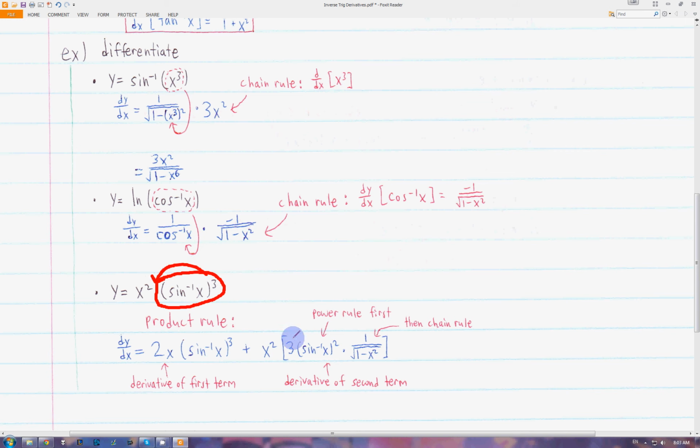So first we have 3 times the arcsine x squared, and then chain rule, we differentiate what was on the inside, and the derivative of arcsine is 1 over the square root of 1 minus x squared. So we put all of this in parentheses, and that's the derivative of this second term, arcsine cubed.